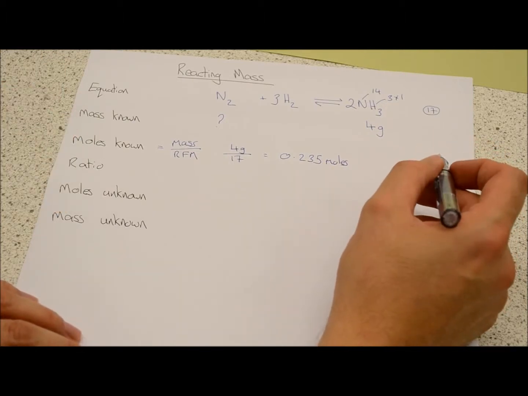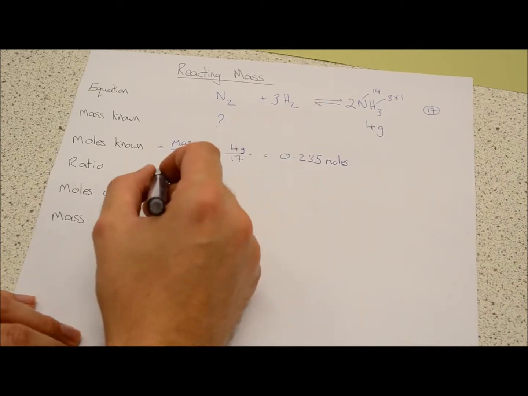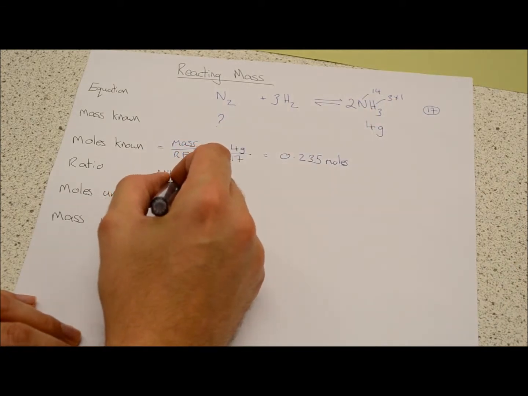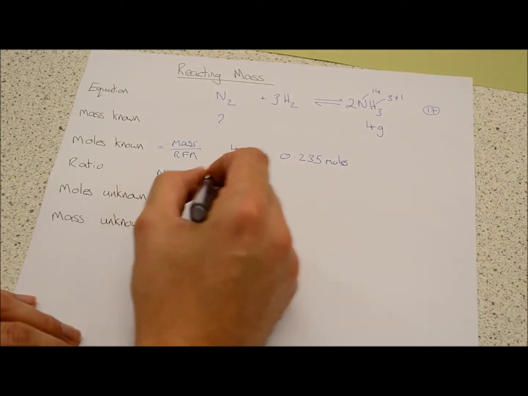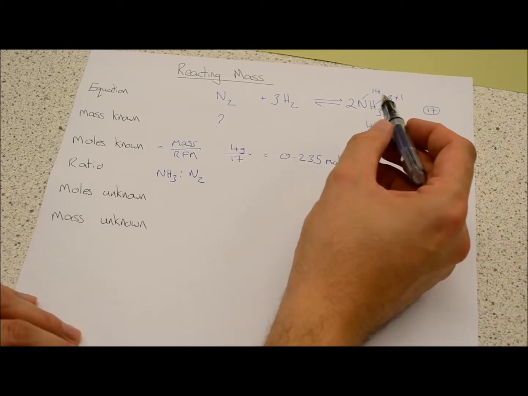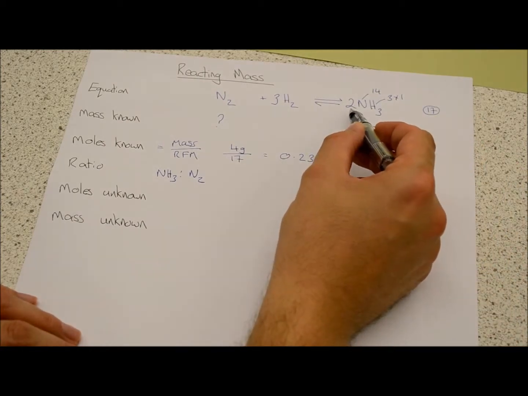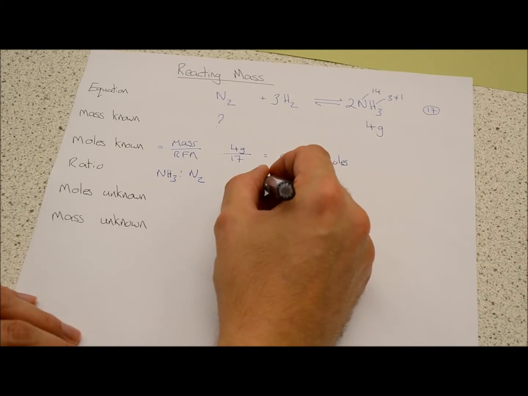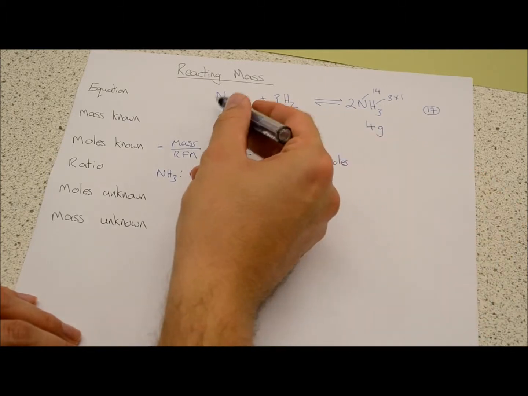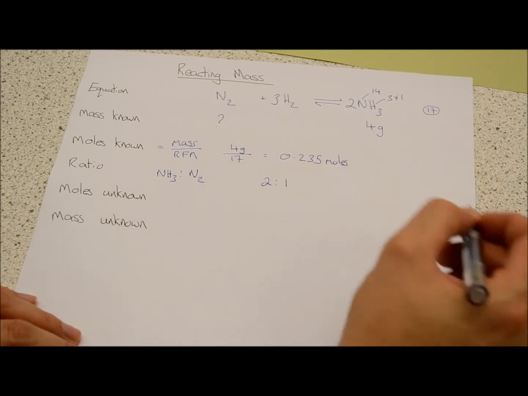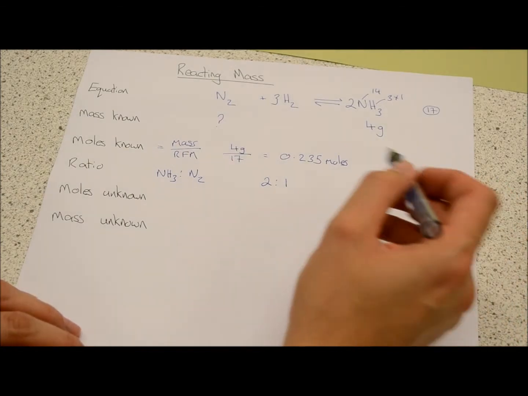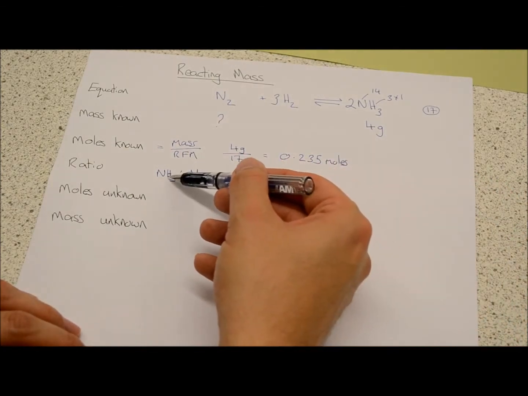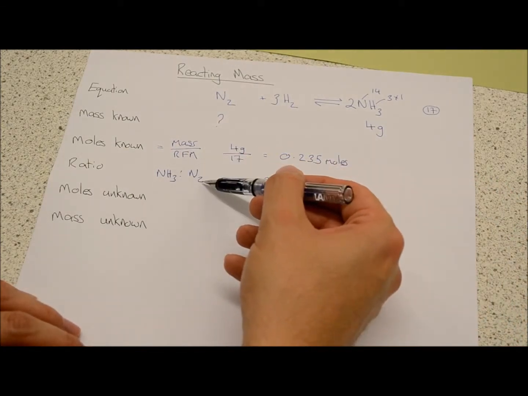Then the ratio is the next section, and the ratio of ammonia to nitrogen is the number in front of the molecule. Now this time, in front of ammonia there are 2, and in front of nitrogen there's nothing, so we put that as a 1, which means that for every single ammonia there are half as many nitrogens.